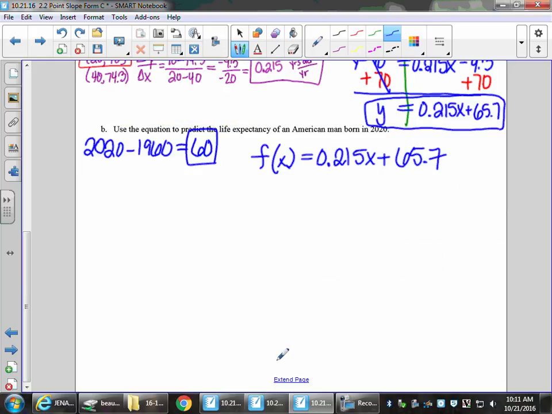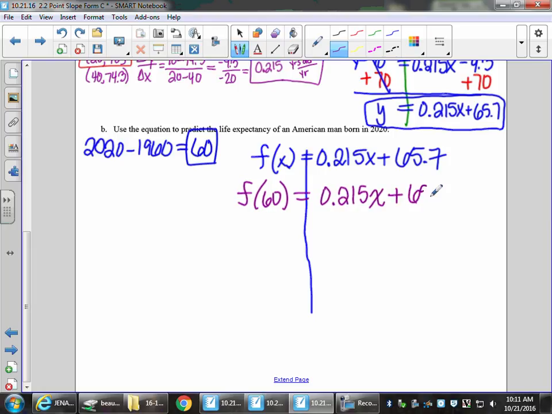So we are going to calculate f of 60, because my output is the expected age. So my answer will be the expected age.